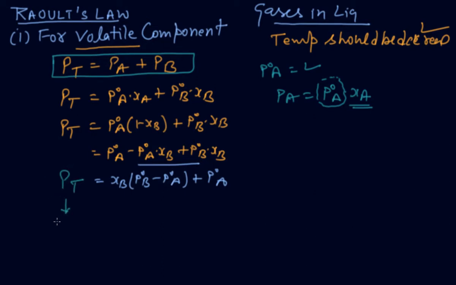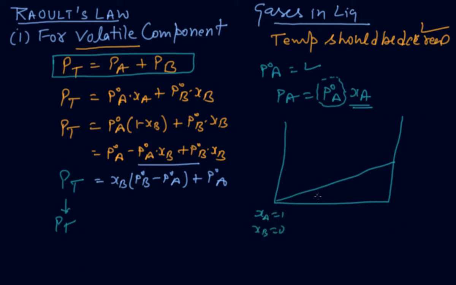This gives you the total pressure, that is the mole fraction and partial pressure, and then we come to know the graphs. Whenever XA is equal to 1, of course XB becomes 0, and whenever XB is equal to 1, XA becomes 0, and they follow straight lines.